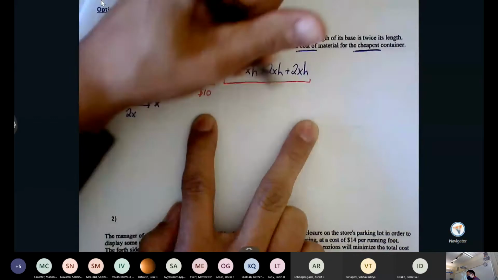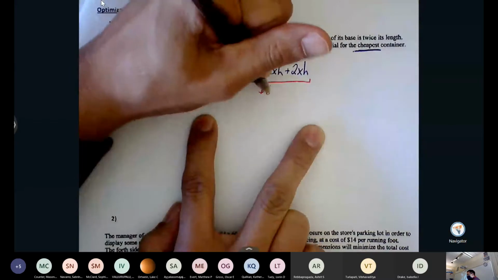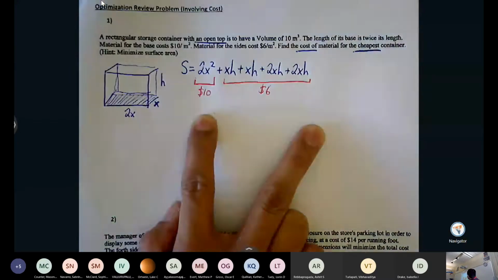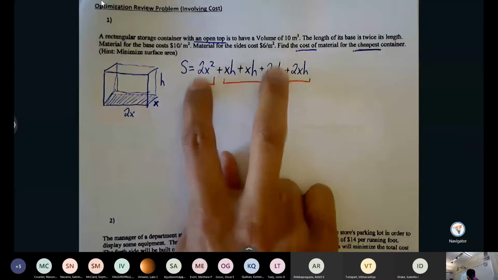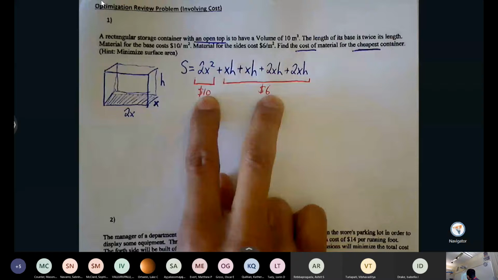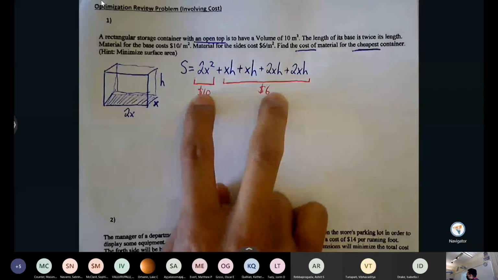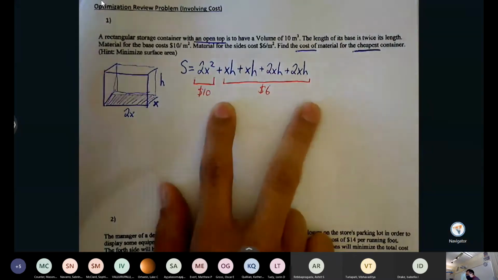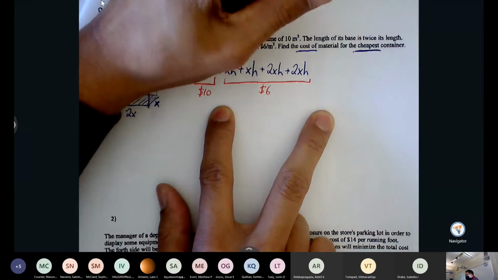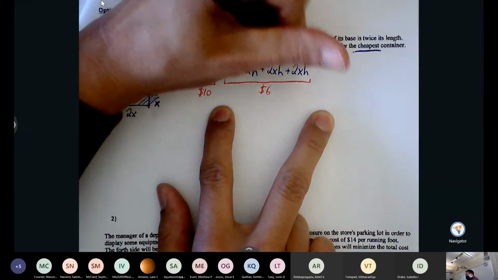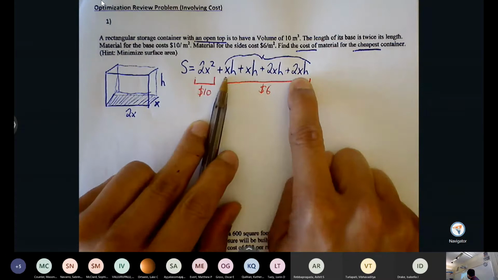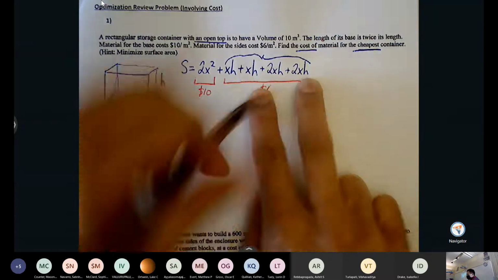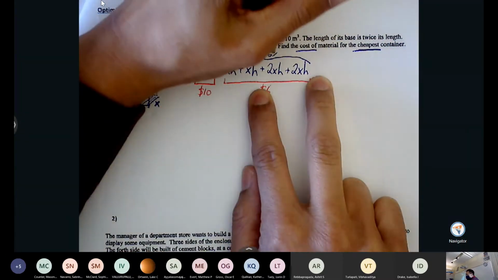All of this is $6 associated with it. So we're going to be multiplying these into the dimensions, and that is going to help us build our cost equation. But I can combine these like terms, right? If I add these like terms, what does that give me? Yeah, 6xh.